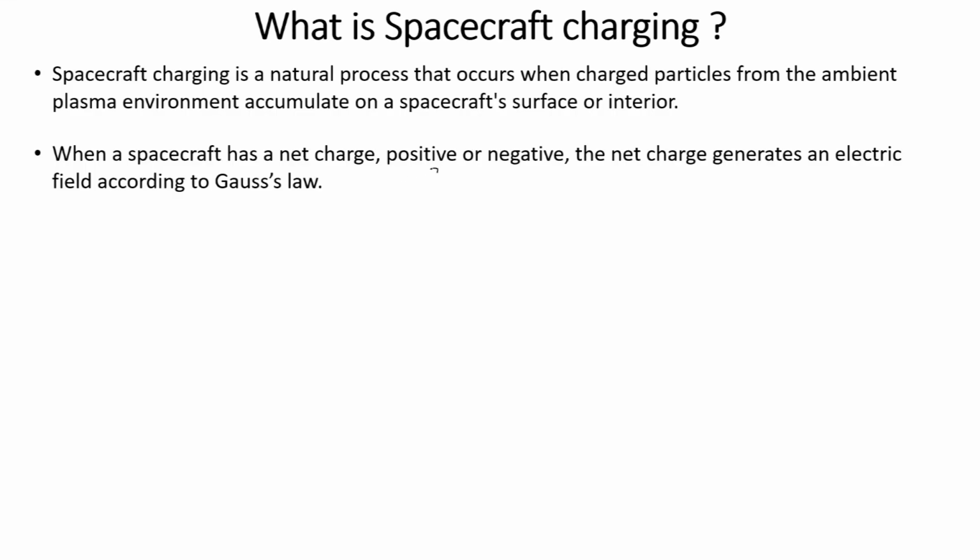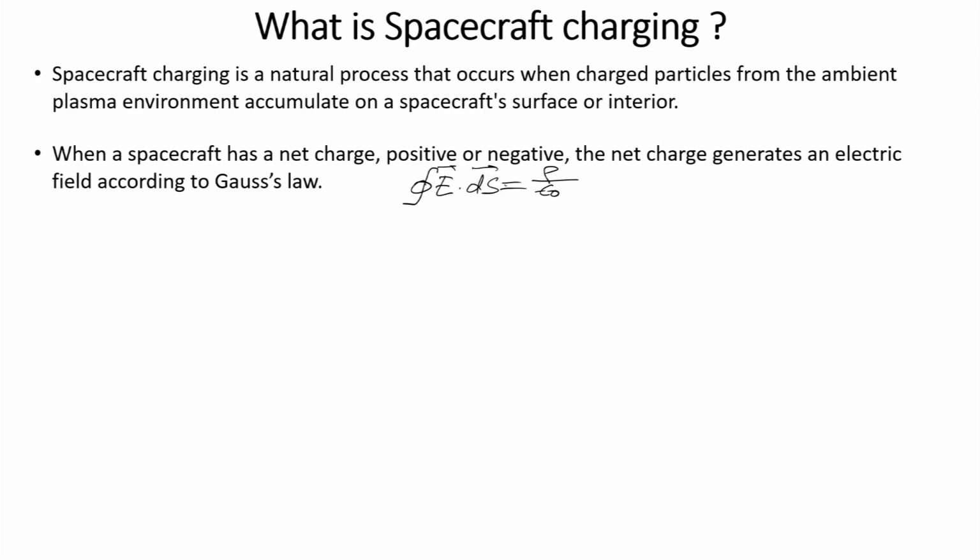This is by Gauss's law, which is the relation between the charge and the electric field intensity. Whenever there is some charge, whether positive or negative, it will give rise to an electric field, meaning the environment surrounding the spacecraft is non-neutral.